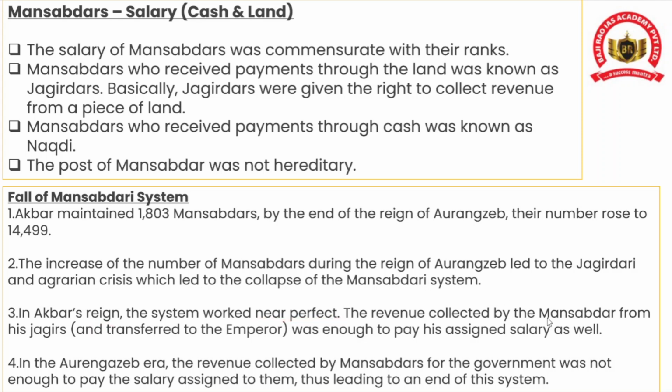The revenue collected by the mansabdar from the jagirs was usually transferred to the emperor, and the revenue collected was enough to pay the salaries of these mansabdars. It is completely different when it comes to Aurangzeb, because during his era the revenue collected by mansabdars for the government was not enough to pay their salaries. This ultimately led to the fall of the mansabdari system.